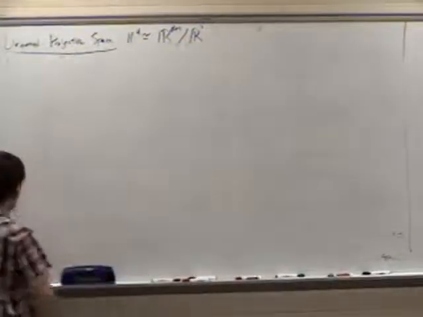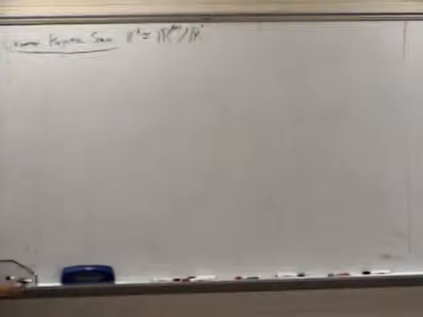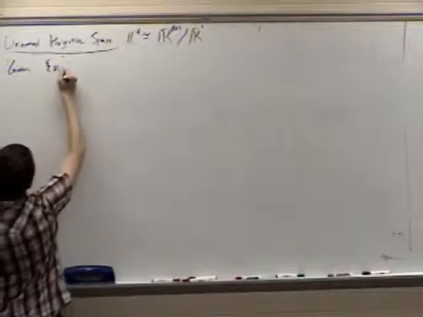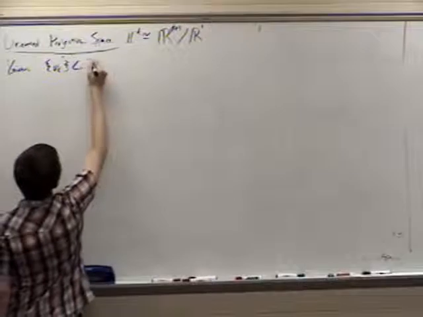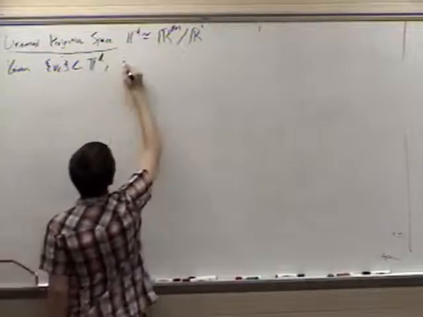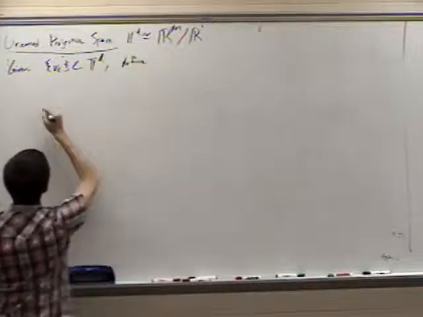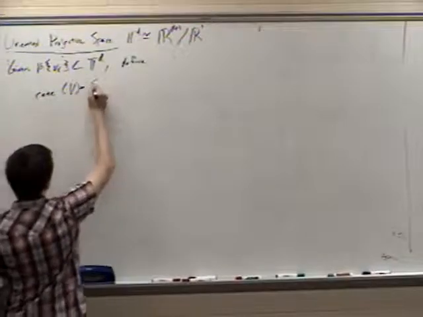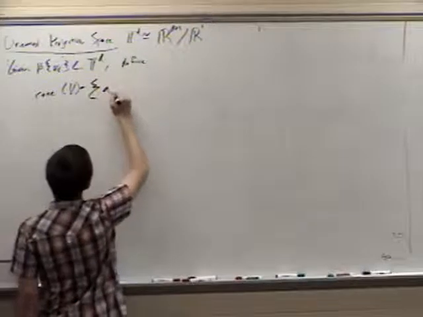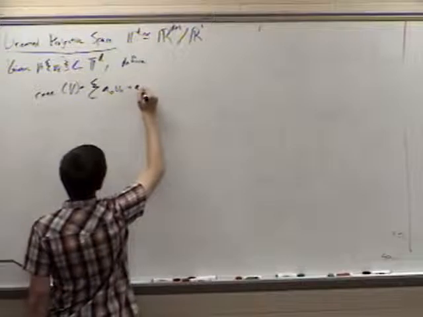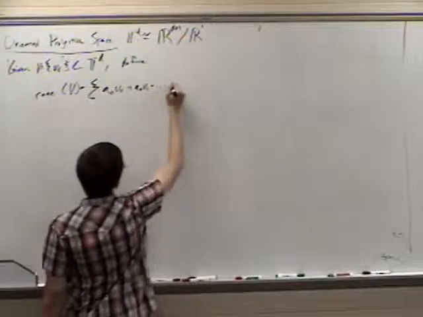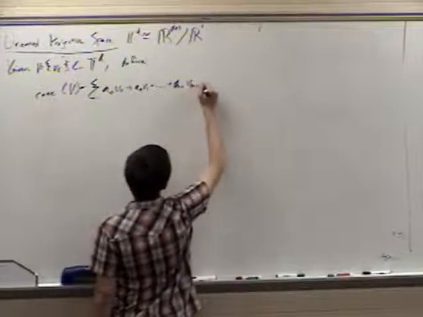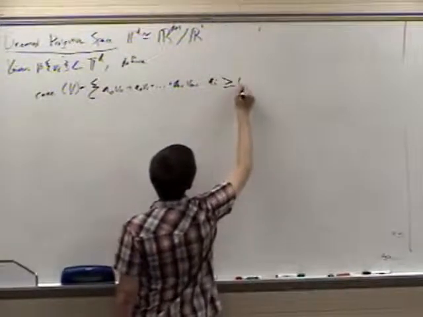So here's the idea. Given some finite set V_i contained in T^d, define the cone of V to be the set of all combinations a_0 v_0 plus up to a_{n-1} v_{n-1}, such that each a_i is greater than or equal to 0.